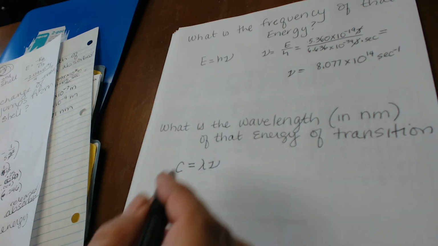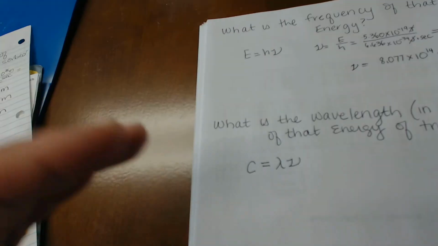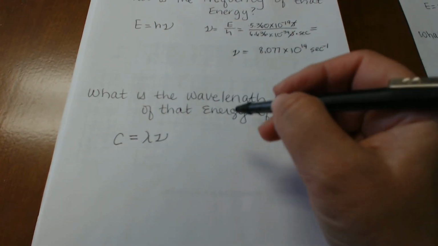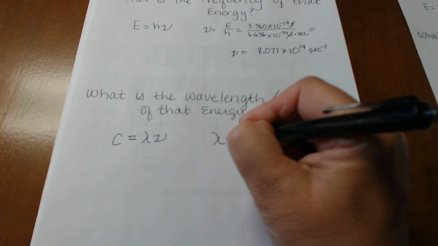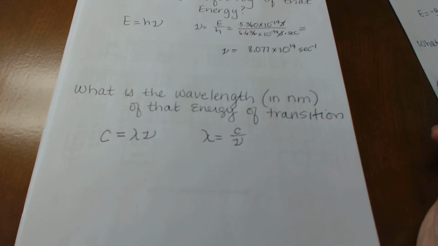So let's rearrange this. Okay, so lambda, which is the wavelength, is going to equal the speed of light divided by the frequency.